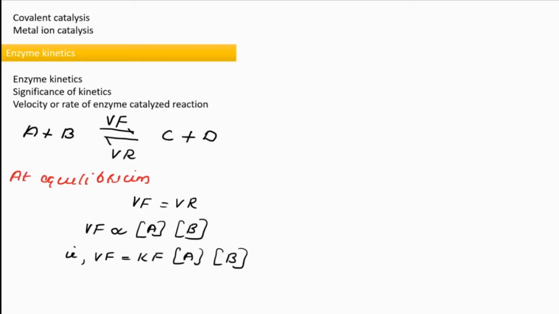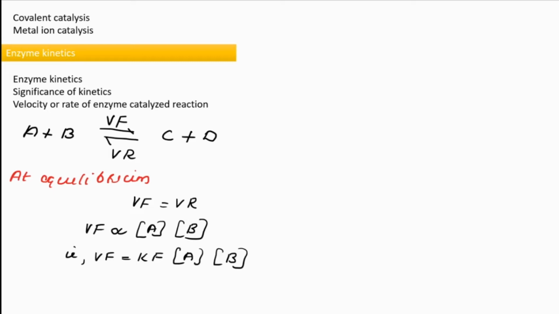So, there is no net change in substrate or products. Net change means the number of substrate and the number of products. On looking number-wise or concentration-wise, we cannot see any change because it always remains the same. Consider in the beginning of a reaction there are 5 substrates and 3 products, suppose.